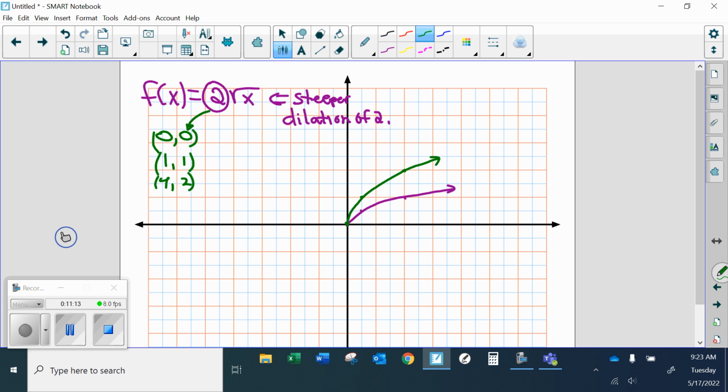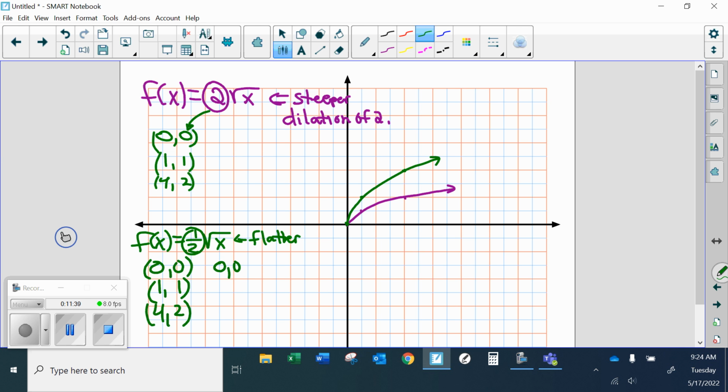Okay, and the last one is if I make it, let's say, 1/2 square root of x. If this number out front is between 0 and 1, it's going to be flatter. So I'm going to take all the y coordinates and multiply by 1/2. So I take those same y's that I just did up top and multiply by 1/2.